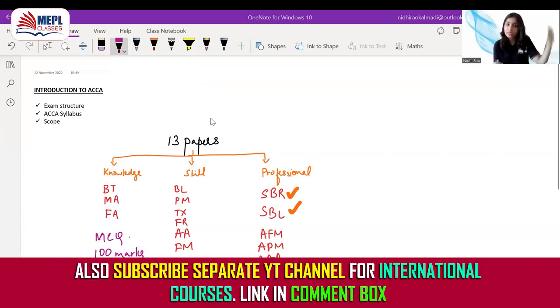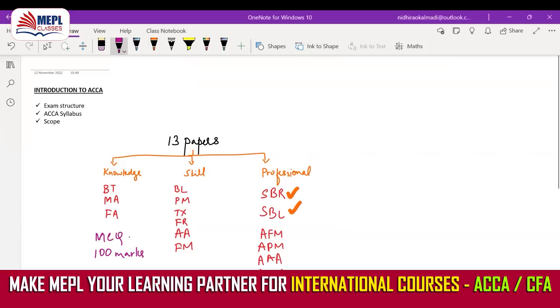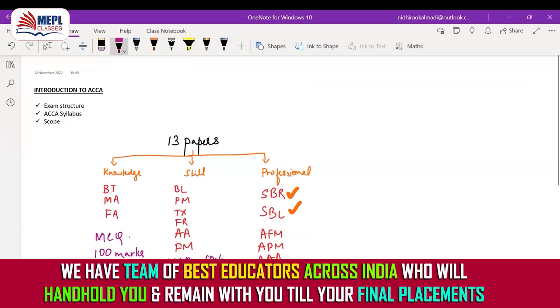So it's basically a scenario, and based on those scenarios, you will be asked sub-questions. Again, this exam also consists of 100 marks, but it is a combination of MCQ, that is 60% would be MCQ and 40% would be subjective.